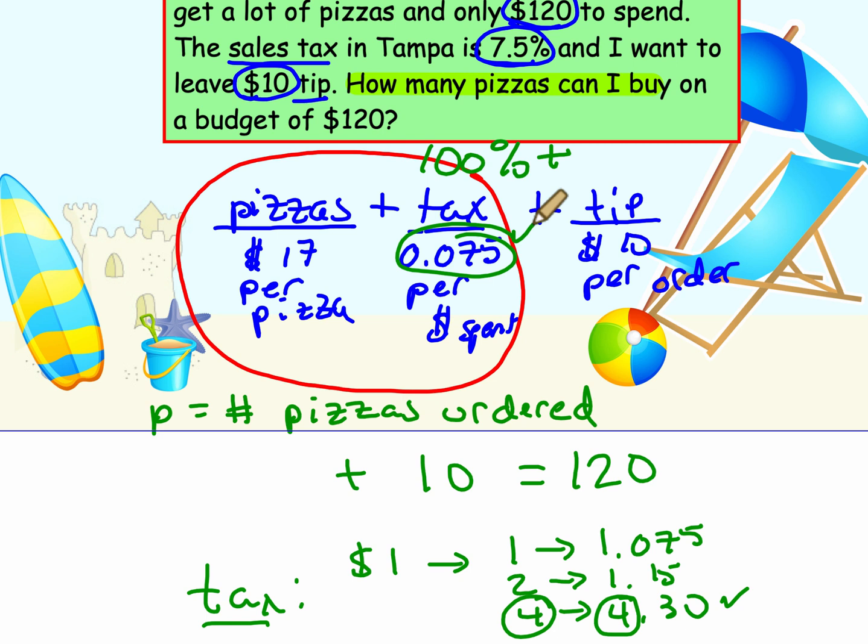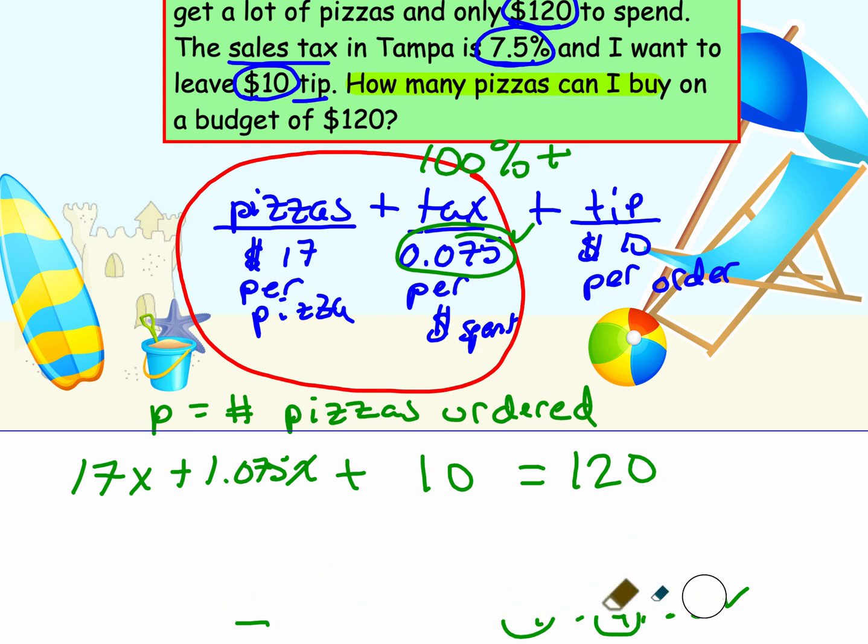So we're going to pay $17 per pizza, and we're going to pay 1.075 times the number of pizzas. That's the rate for the tax.